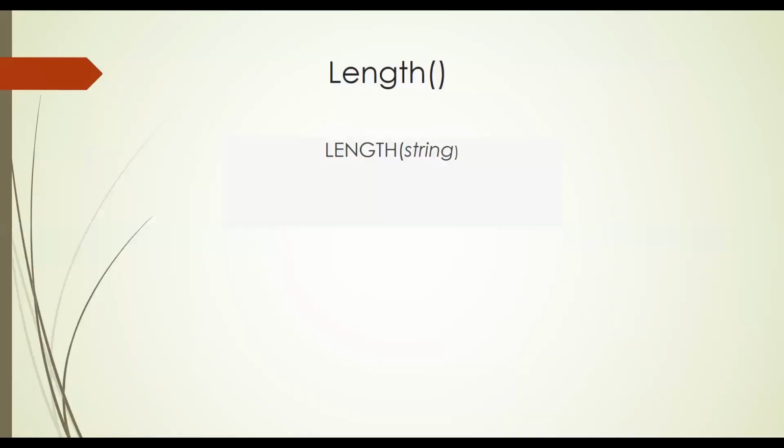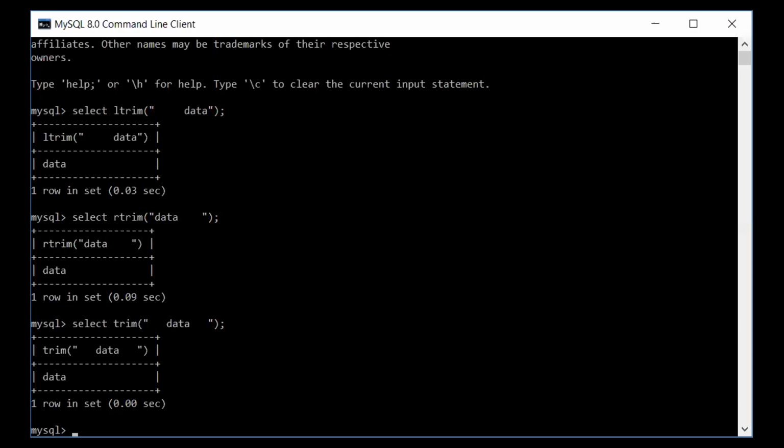Next is length. The length function returns the length of the string. The syntax for length is one parameter is required in length. So let's check here. Select length of database.